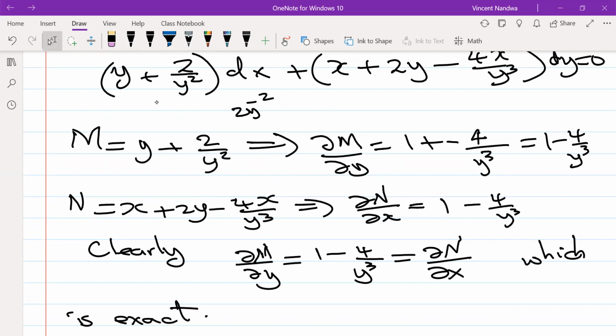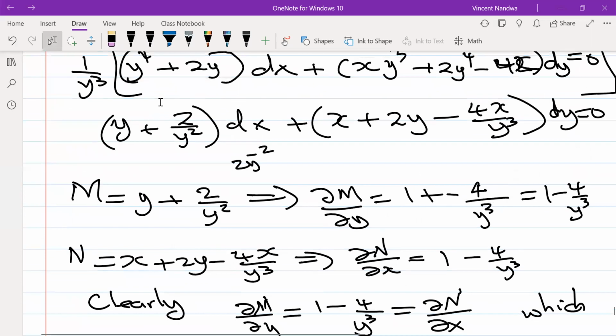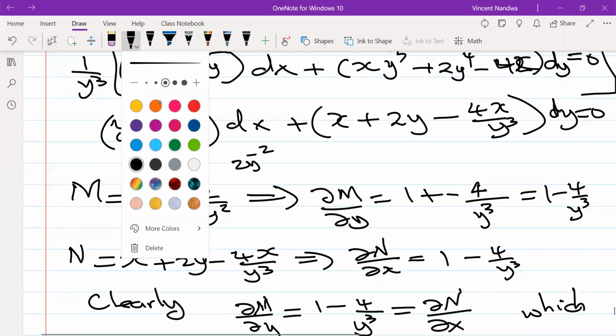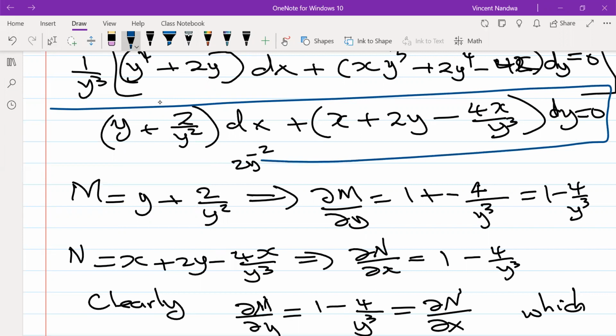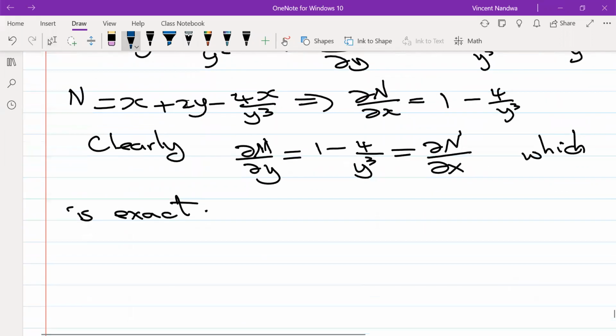Once we have gotten an exact differential equation, we solve this new equation by the previous methods discussed.